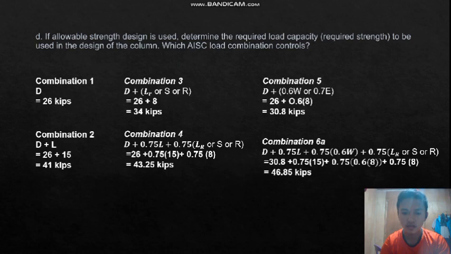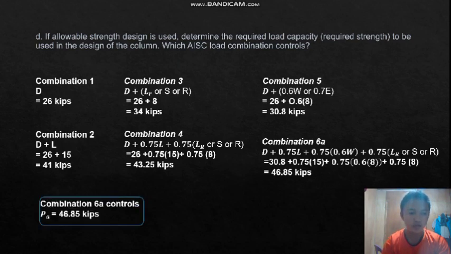Then substituting the other remaining variables, we can get 46.85 kips. So combination 6a is the control since it has the highest load capacity, and the required load capacity is equal to 46.85 kips.